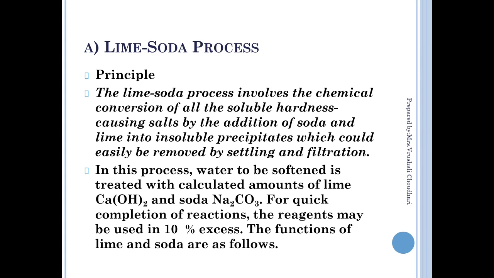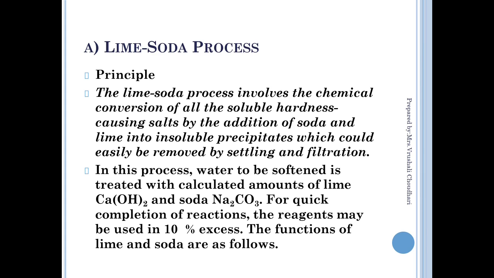In the soda lime process, we add the chemicals lime and soda to the water, which convert soluble hardness causing salts into an insoluble precipitate, which can be easily removed by settling and filtration. Soluble means a dissolved salt, so we are converting the dissolved salts into an insoluble precipitate form. As they become a precipitate, it is easy to remove them by the filtration process.